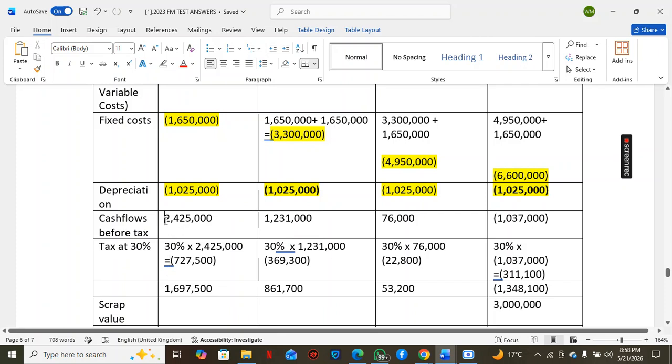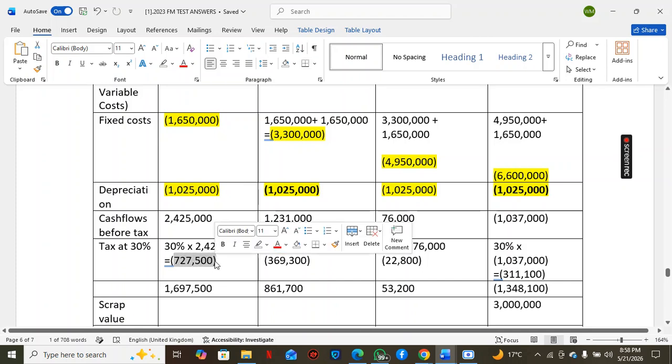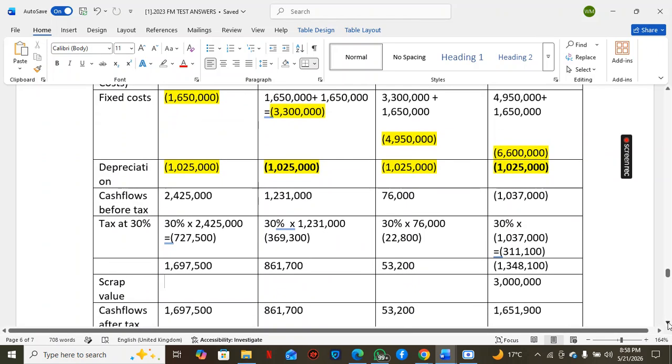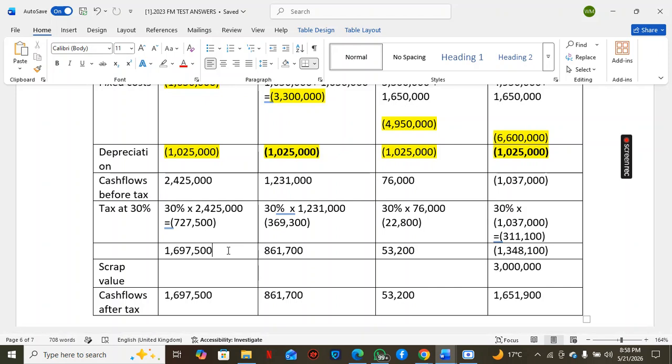So 2,425,000 minus 727,500, we get 1,697,500. So this is the cash flow that we need to discount for year one. Any questions?